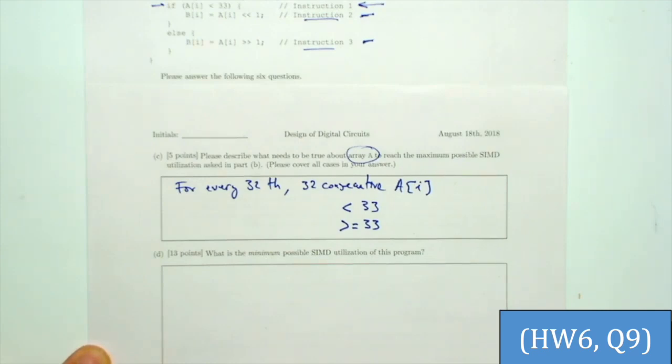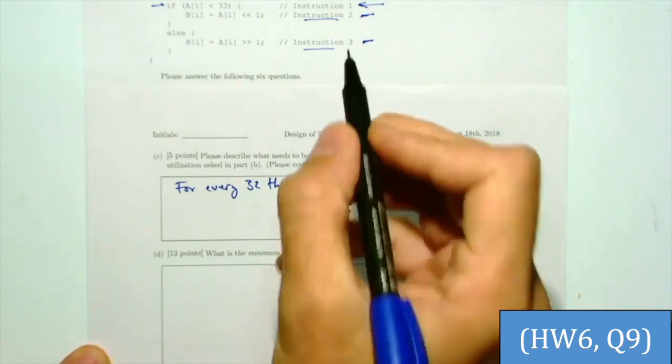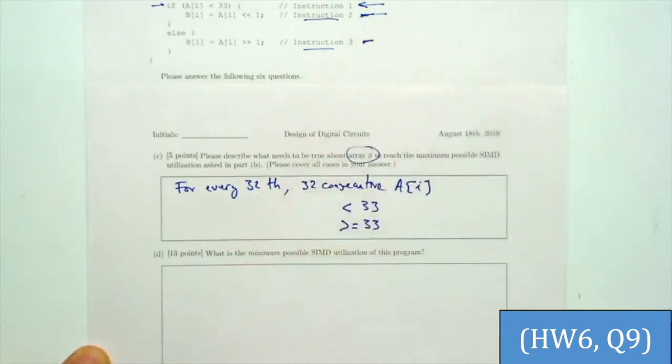And then what we need is that within each warp, we have divergence. So some of the threads of the warp will execute instruction 2, while others will execute instruction 3.